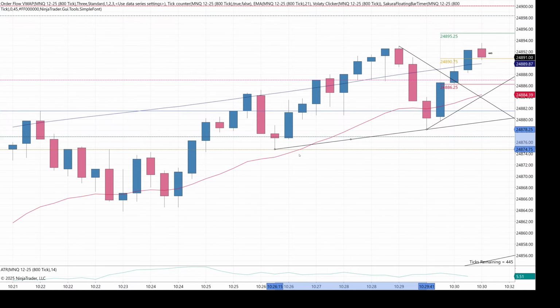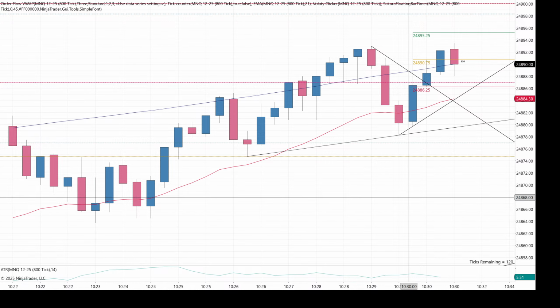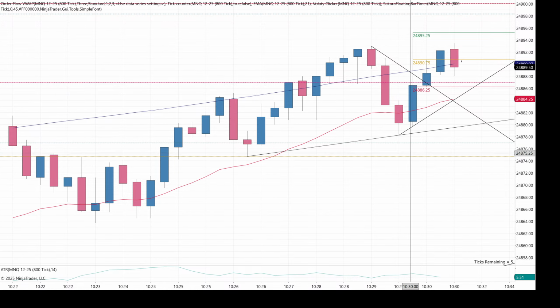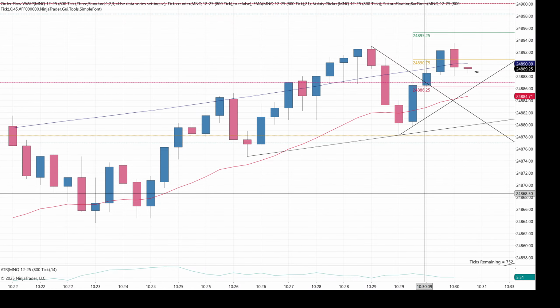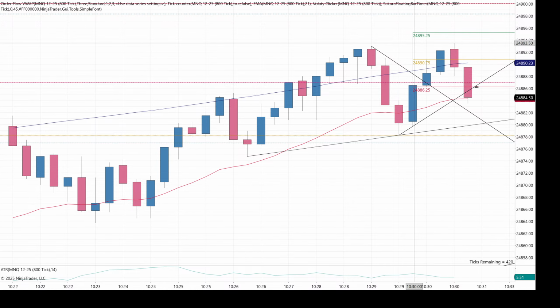Yeah, the price action today has been a little tricky. We made a new high, so our golden ruler moves up. All right, there's a stop loss.